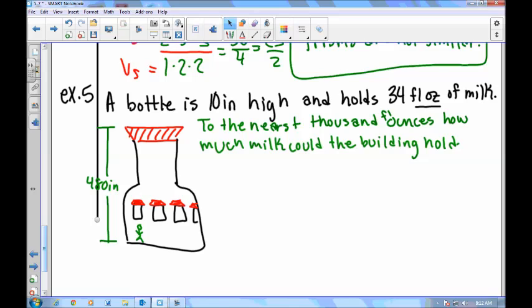To the nearest 1,000 fluid ounces, how much milk could the building hold?